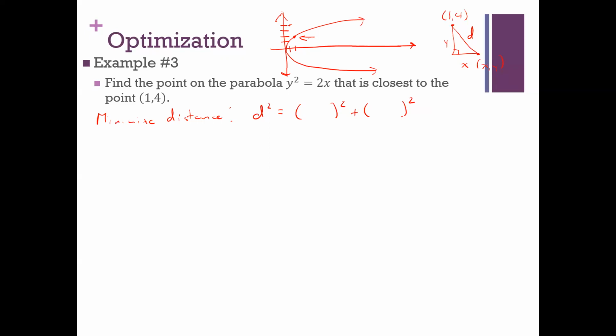Subtracting 4 from what? X or what? If I'm looking for my vertical distance, I really need to know how far I am above or below 4, right? So I'm going to compare y and 4, and I'm going to compare x to 1.